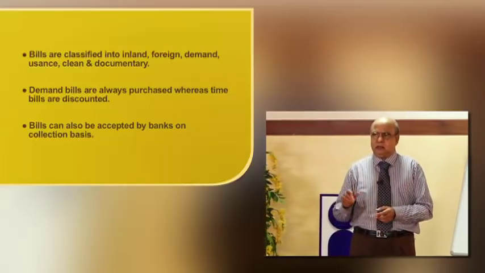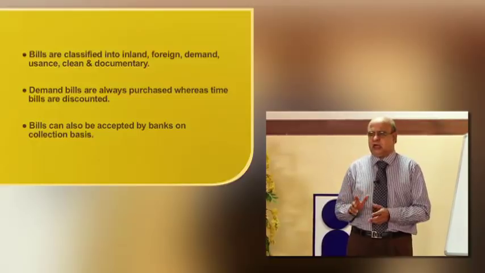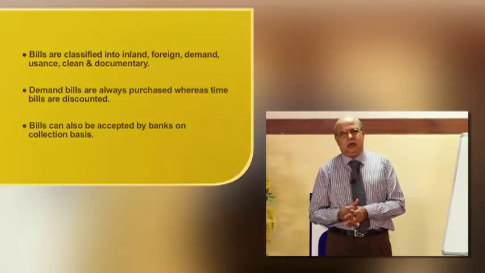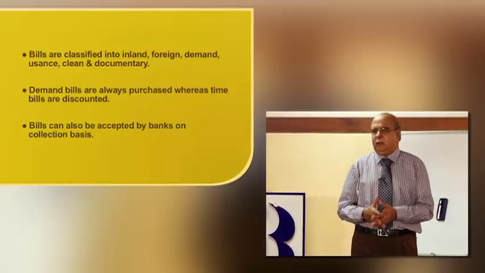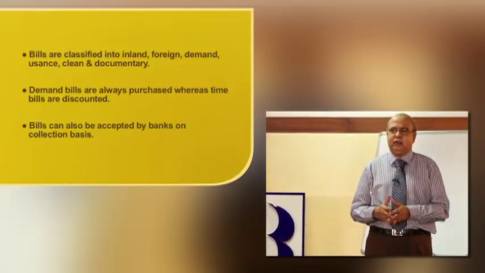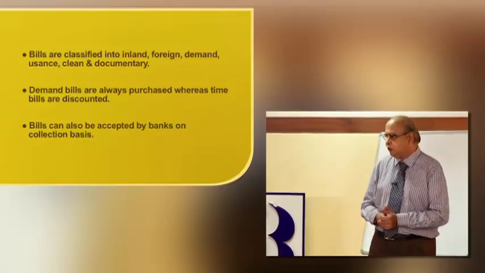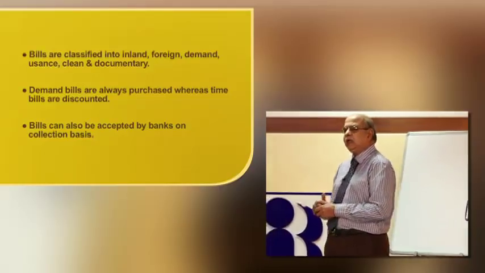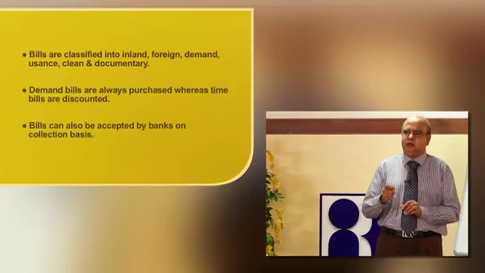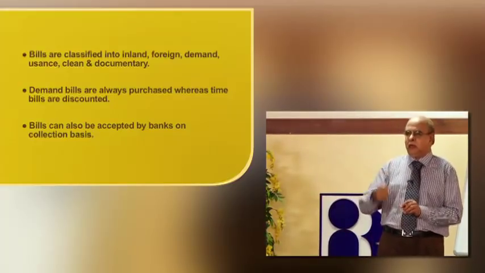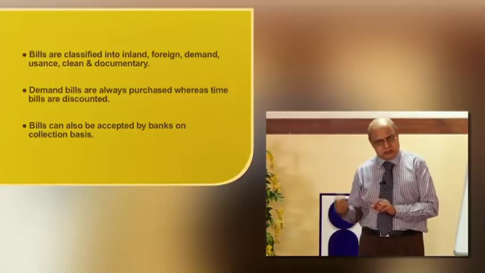For our understanding, a particular check has been issued from Lucknow and the person who receives the check is in Mumbai and would like to get the money before the payment is made at that other end, then he can approach his banker in Mumbai. If the banker is considering a finance on that, then it is considered that the banker is going to purchase that particular bill, which is a demand bill, which is a check.